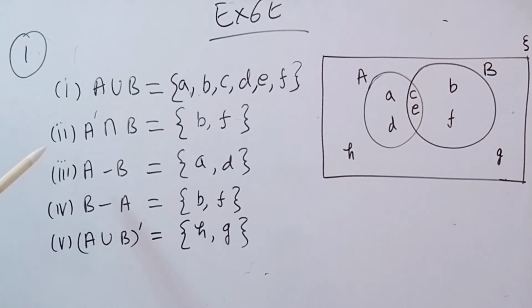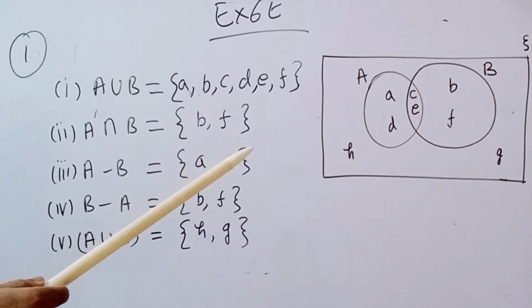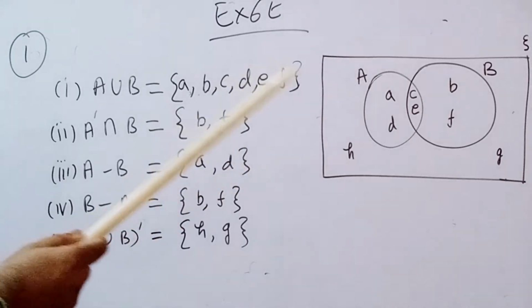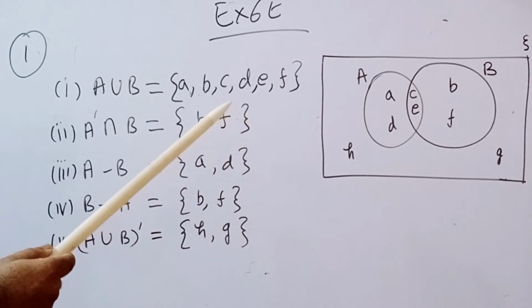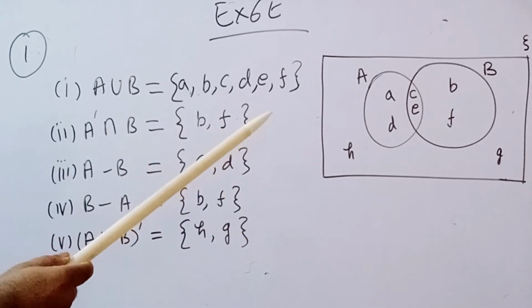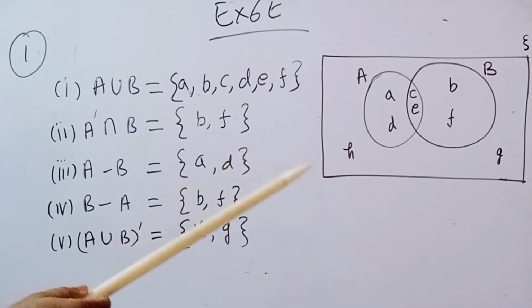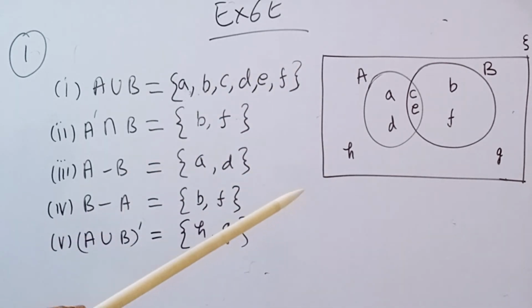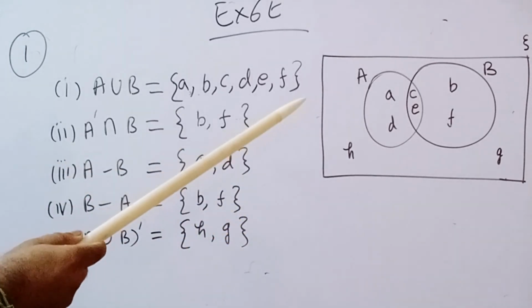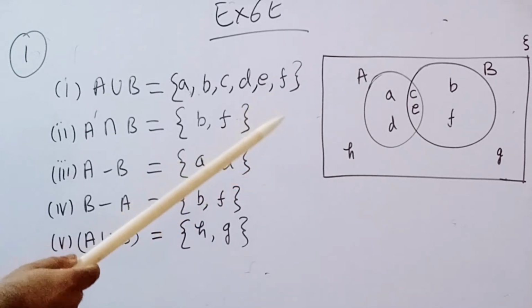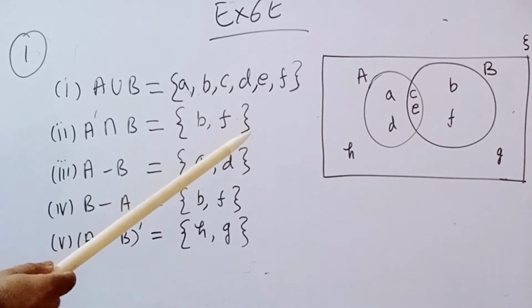Now complement of A intersection B. Complement of A means the elements that are not in A but in the universal set. So in A we have A, C, D, E, and the other elements are H, G, B, F, that are the complement of A. And in B we have B, C, E, F, but C, E are in A, so we will not take them.